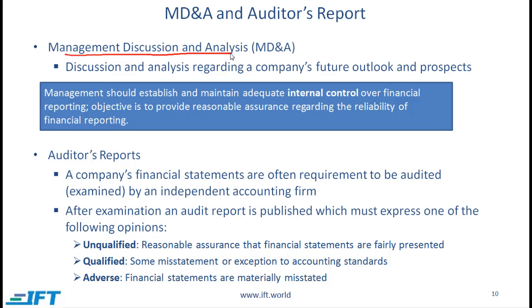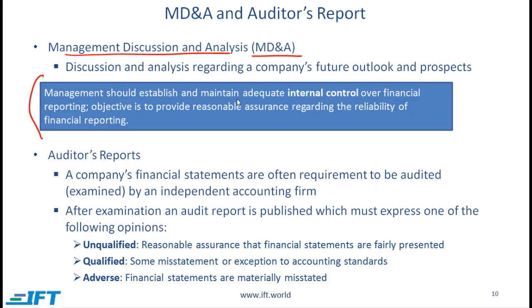Management discussion and analysis, also called MD&A, essentially provides a discussion and analysis regarding a company's future outlook and prospects. This can be thought of as subjective information where management is presenting its view and interpretation of the data that it has reported, and then also describing the future outlook.